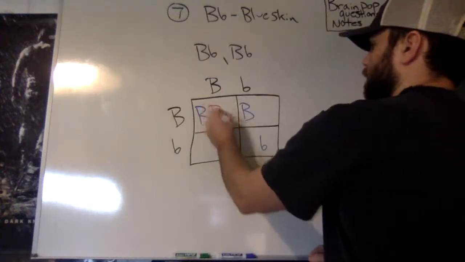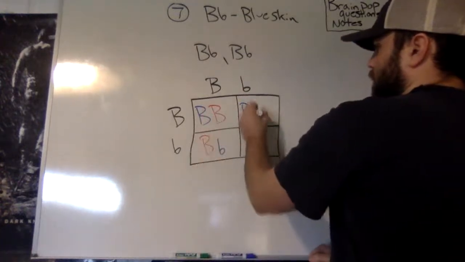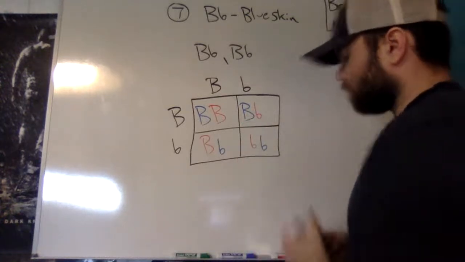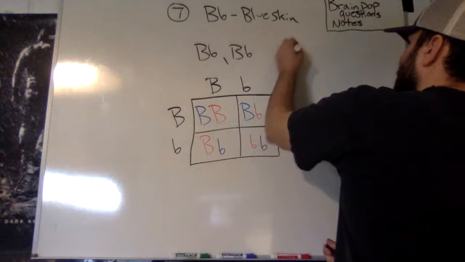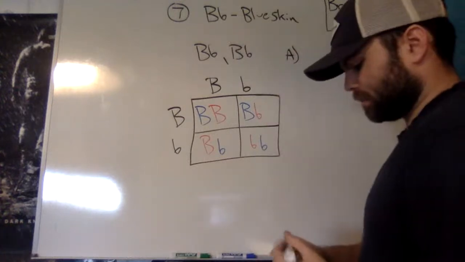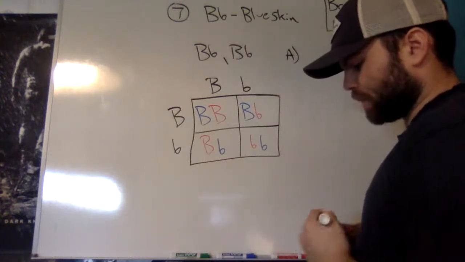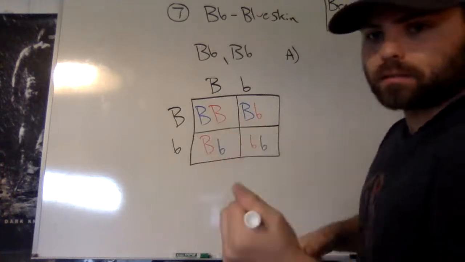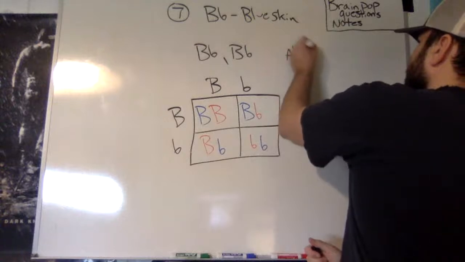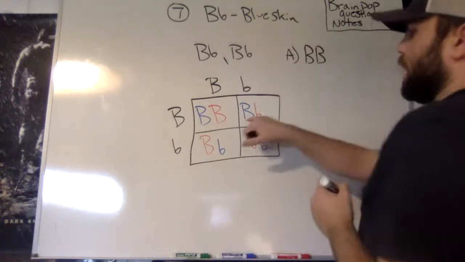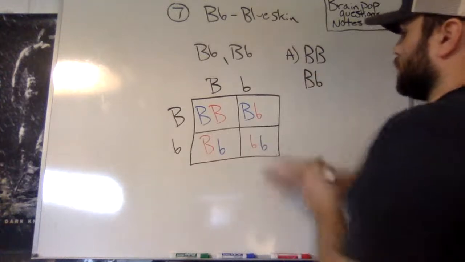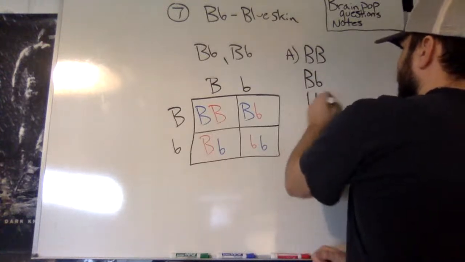So we got big B, little b, okay? So for part A, it's asking us, all right, list the possible genotypes and phenotypes. So we have two big B's, okay? We got a big B and a little b. That could be one of the choices. And then we have two little b's, okay?